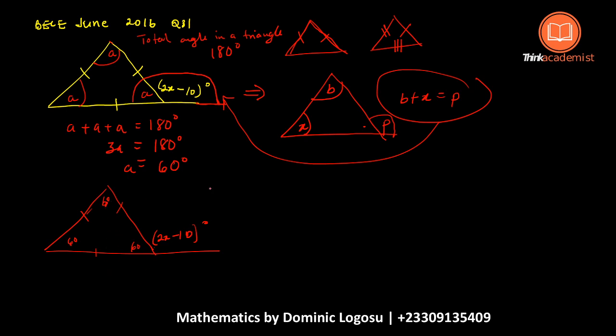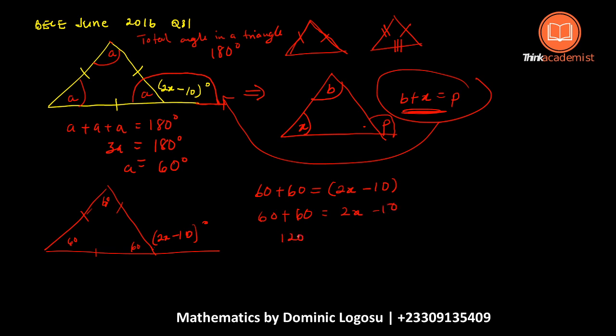So from this particular principle, 60 plus 60 should be equal to this: 60 plus 60 equals (2x minus 10). We can remove the bracket because we assume there's a 1 here we use to expand; there's no other number there, so we can remove the bracket. 60 plus 60 gives us 120, equals 2x minus 10.